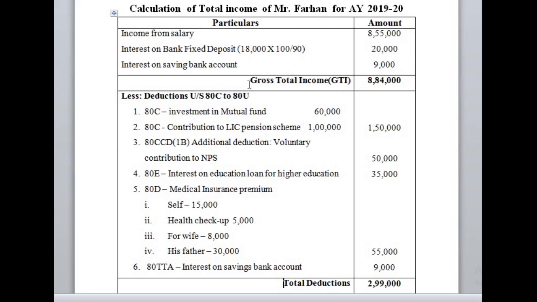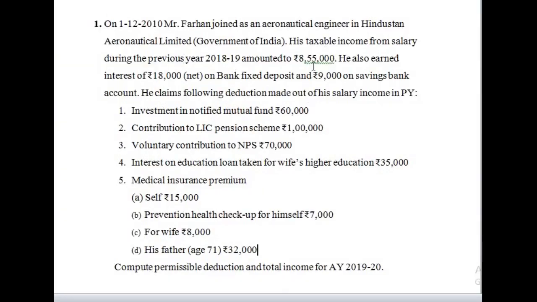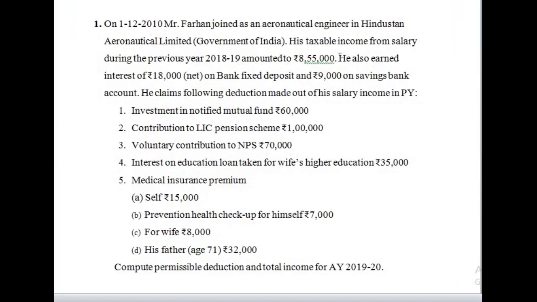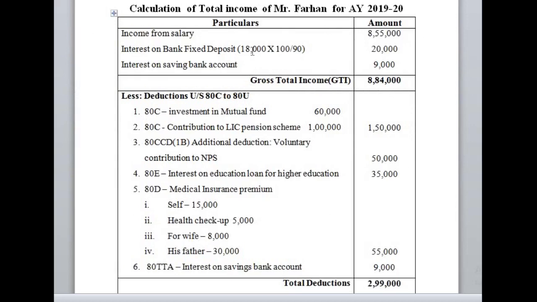It is nothing but the aggregate total of all the heads of income after making adjustments and provisions. So here they have given three incomes. Those are income from salary rupees 8,55,000, and he had earned interest on bank fixed deposit that is more than 10,000, that should be grossed up. 18,000 into 100 upon 90, 20,000. Then interest on savings bank account.